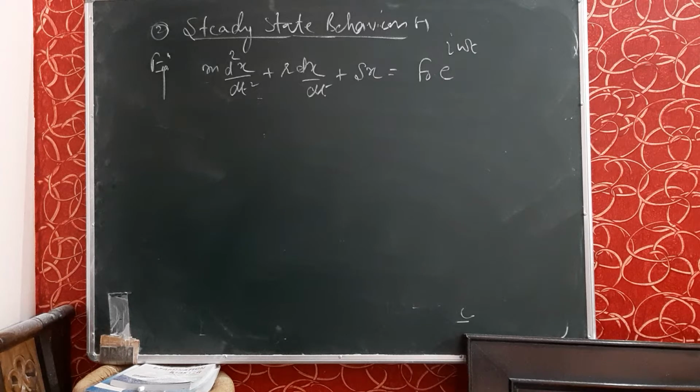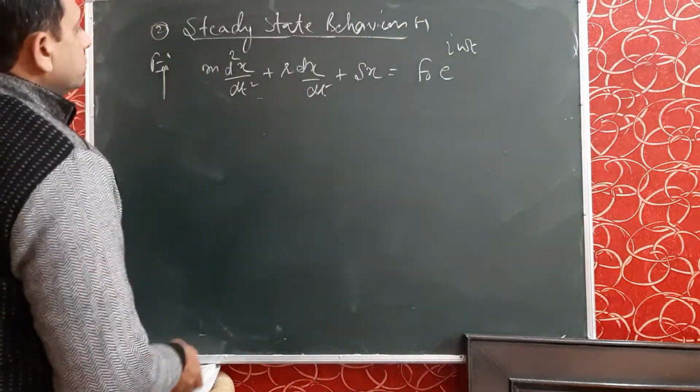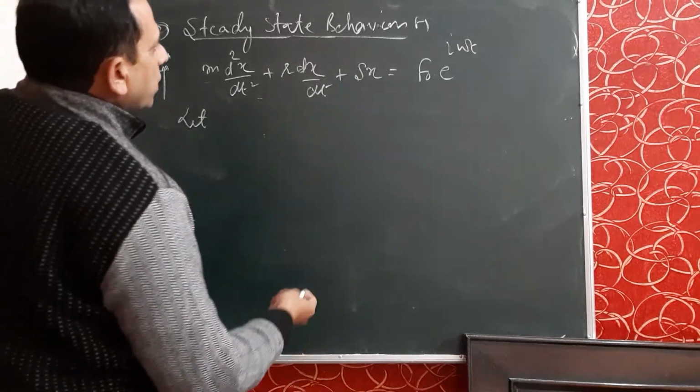Now, we will solve this equation. As you know, this is a second order differential equation and the solution of this equation is very complex in nature. So, we have to assume that the solution of this equation is complex in nature.